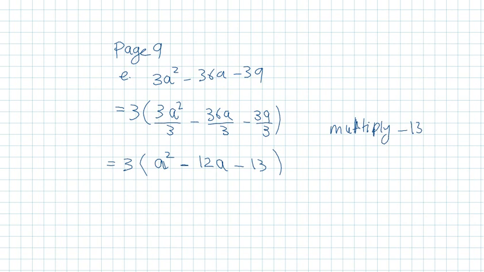Now I want you to look in your green sheet and tell me if B is negative and C is negative, what would my outcome be? What would my factors be? Large number is going to be negative, small number positive, because I'm looking at B is negative and C is negative.